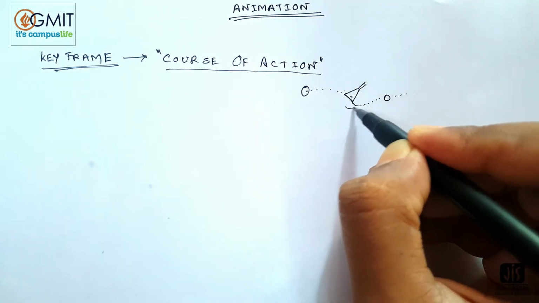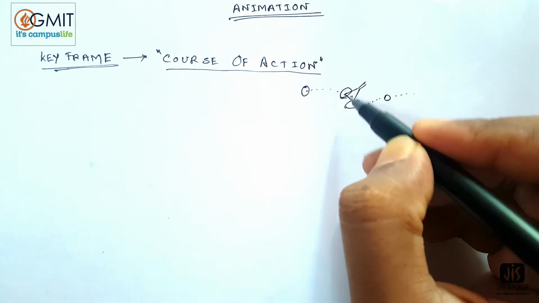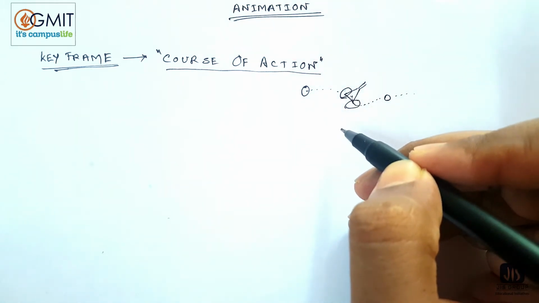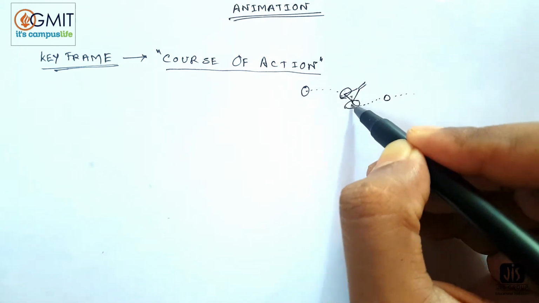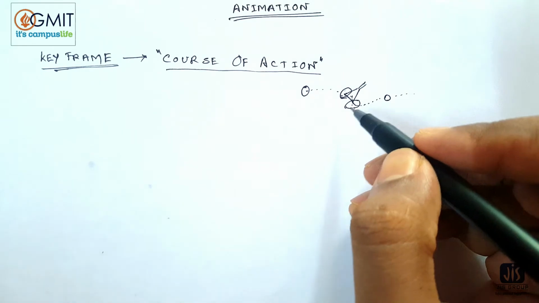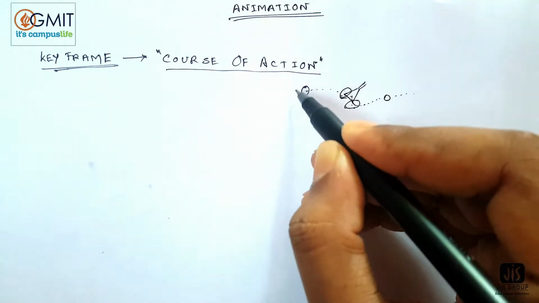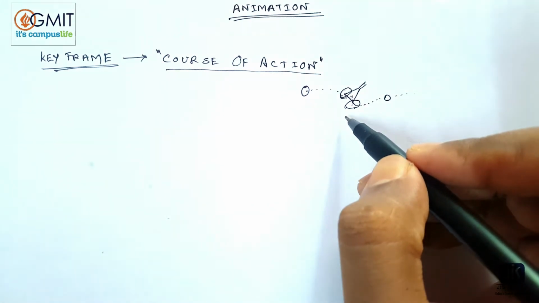So here is a course of action that changes the motion of the ball. That's why these frames are called keyframes. Without these frames we can't define the total picture as an animation.